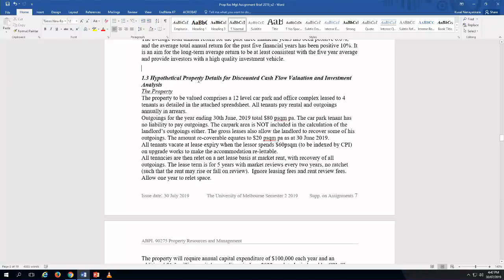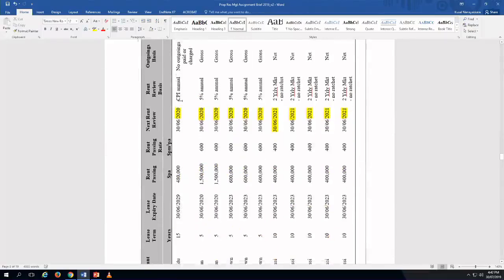1.3. Hypothetical property details for discounted cash flow valuation and investment analysis. The property to be valued comprises a 12-level car park and office complex leased to 4 tenants as detailed in the attached spreadsheet. It's here below.